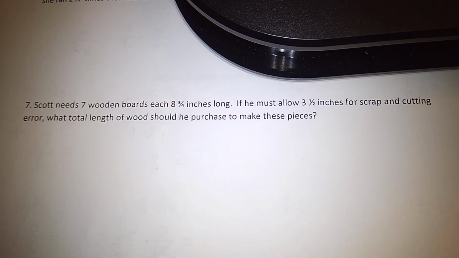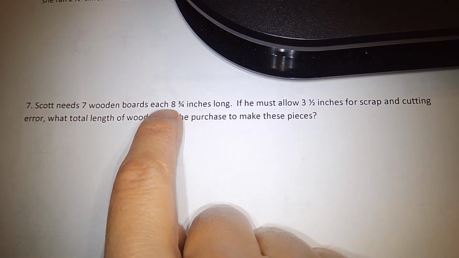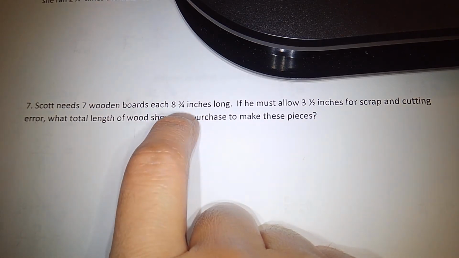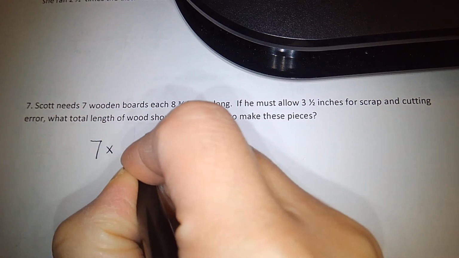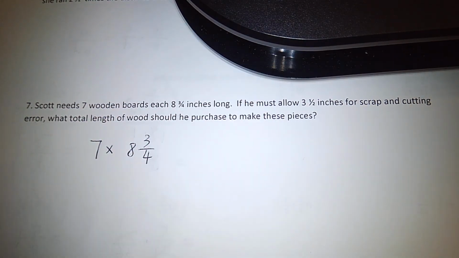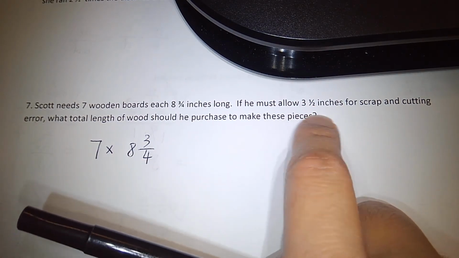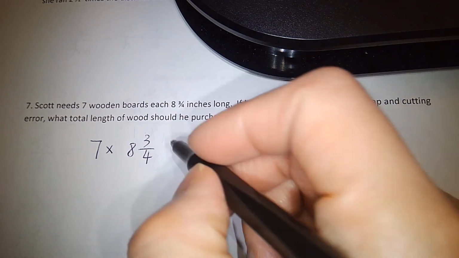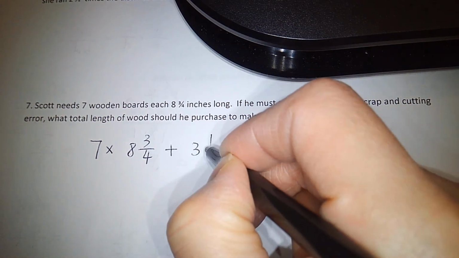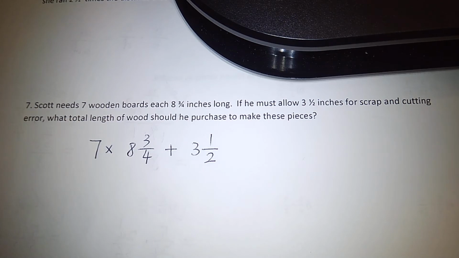Plus, he needs to allow an extra 3.5 inches for error, right? So in total, how long should the wood be? Each of these is this long, 7 of them, so 7 times 8 3/4. Not done yet. He needs this extra length for error, plus 3.5.